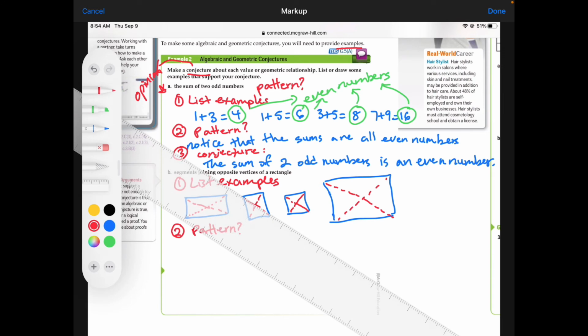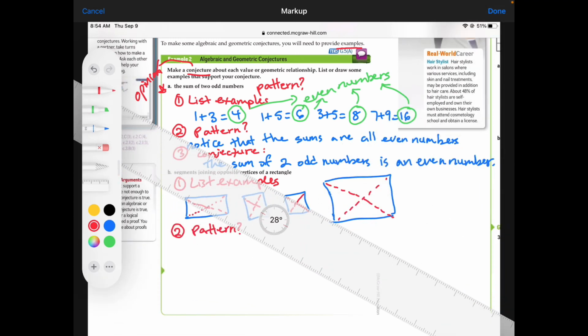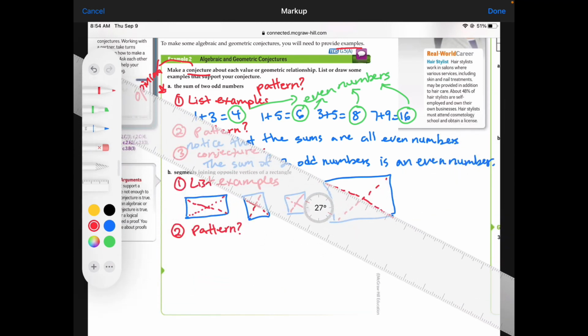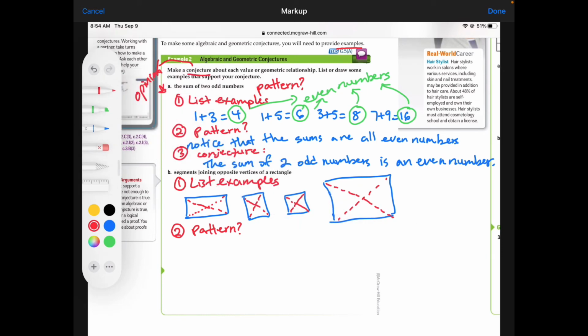Over here, 1 centimeter, another 1 centimeter, very close. This one seems to be about 3, and this would also be around 3. So they're very close, almost the same. Because my picture's not perfect, they're not exactly the same, but if these pictures were printed out, you would notice that the diagonals seem to be congruent.